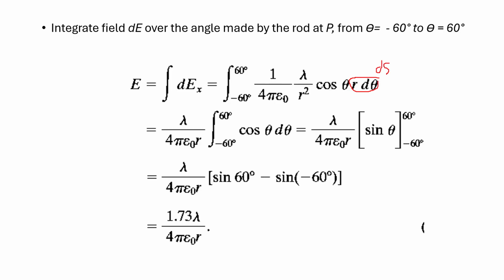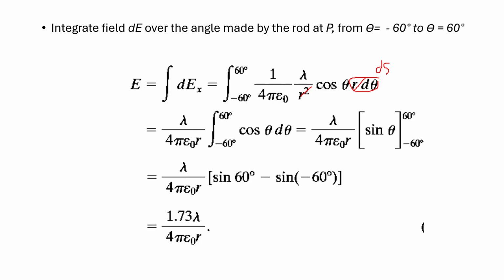Then we can bring lambda over 4 pi epsilon naught r out, because the r here and the r here cancel out, so we get the magnitude of r here. Integral of cos theta d theta from negative 60 degrees to 60 degrees.